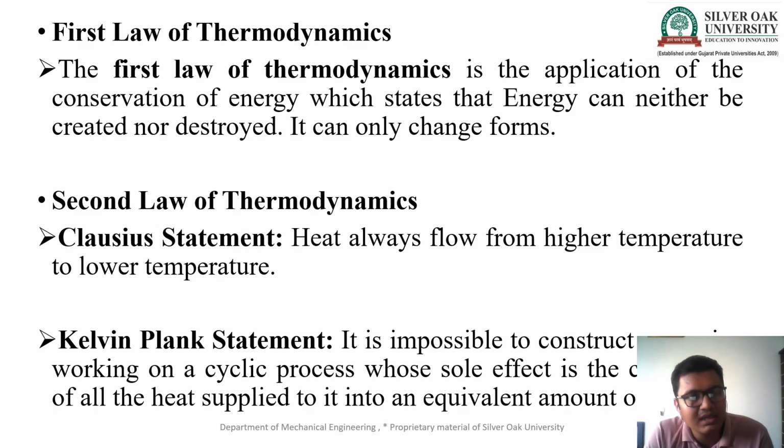So the electric energy gets converted into wind energy. Let's take one more example. If I switch on the light, what happens? The electric energy goes to the light and the light converts it into light energy. So electrical energy is converted into wind energy and electrical energy is converted into light energy.